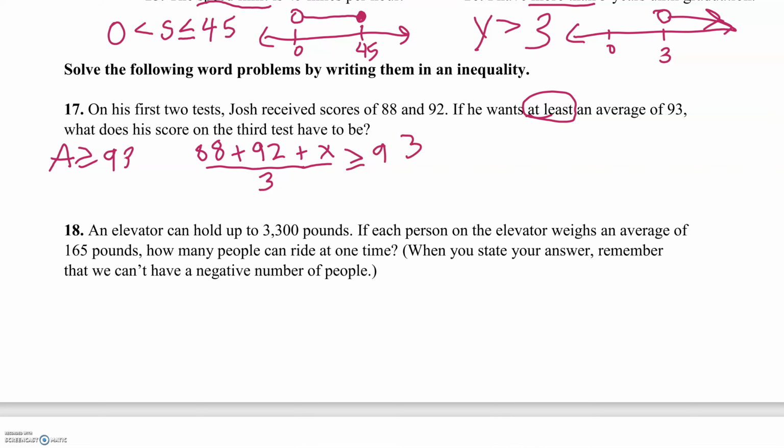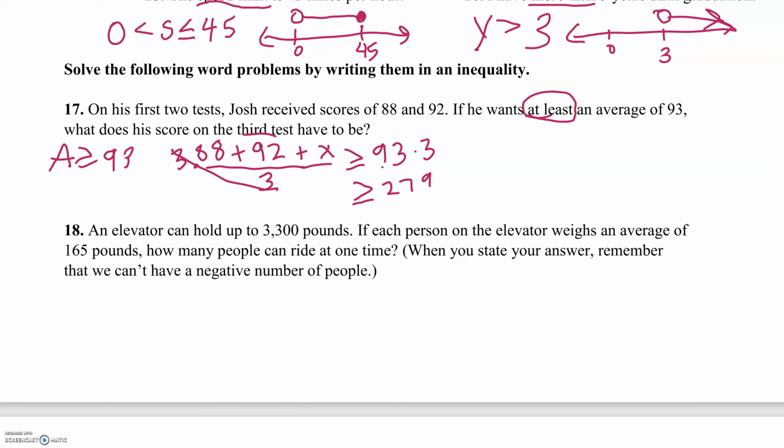Now from here, I'm just solving an inequality. So I am going to get rid of that fraction 3 down here by multiplying both sides by 3. So then I'll have greater than or equal to 93 times 3, which is 279.